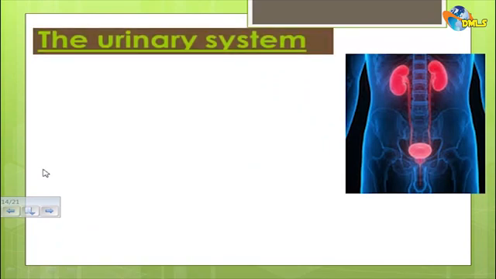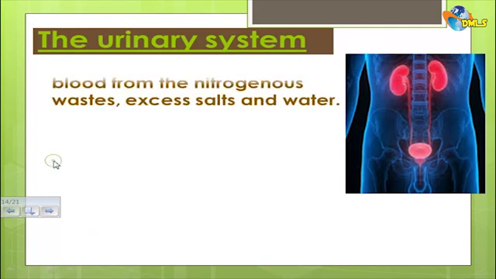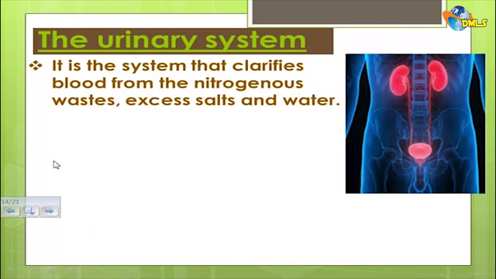Let's start with the urinary system. The urinary system is a system that clarifies blood from the nitrogenous wastes, excess salt and excess water. Its location, where does the urinary system locate inside your body?